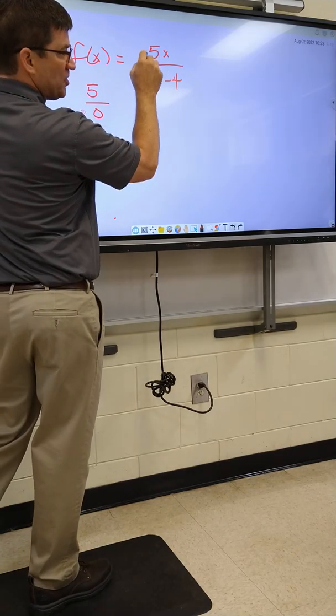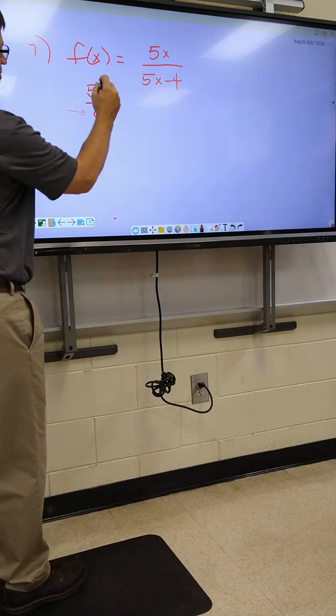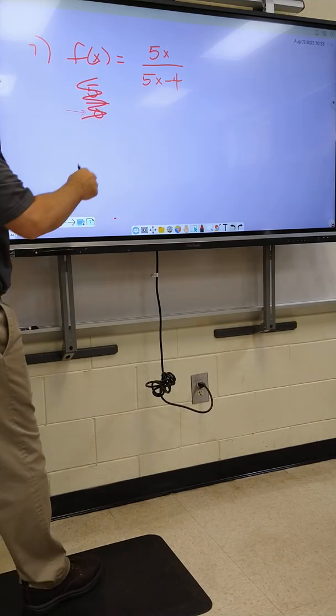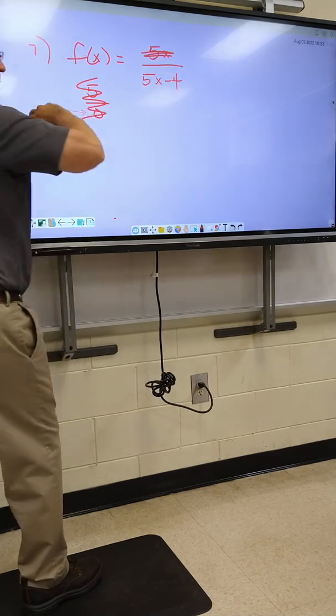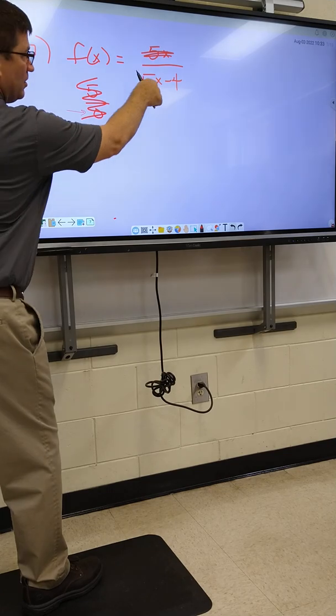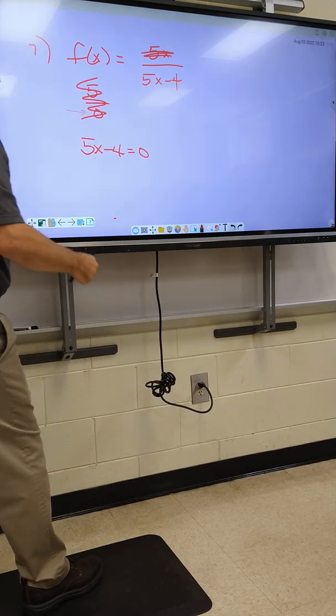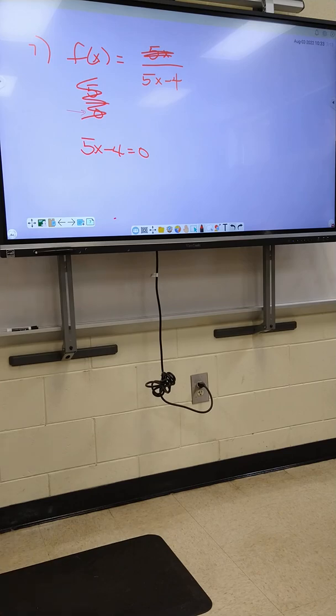So here's the deal. When we're trying to find the domain, we got to make sure we don't get 0 on the bottom. So how we make sure of that is, you're going to disregard the top, not even worry about the top. We're just worried about not getting 0 on the bottom. You're going to take what's on the bottom and set it equal to 0. I need y'all to write it down. Everybody write down 5x minus 4 equals 0.